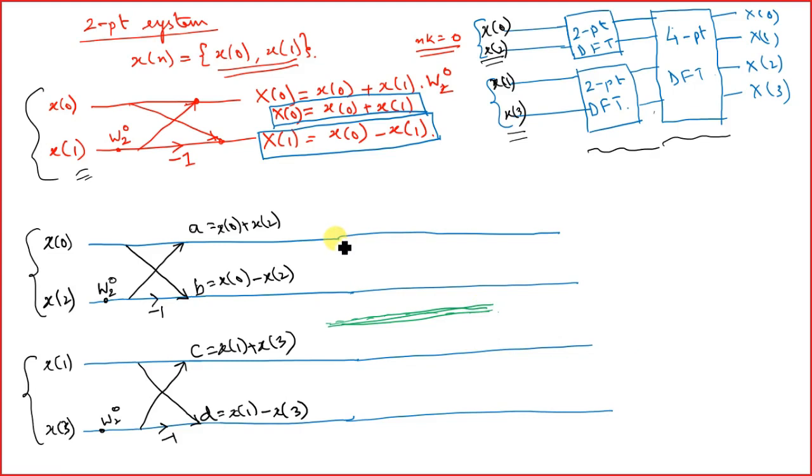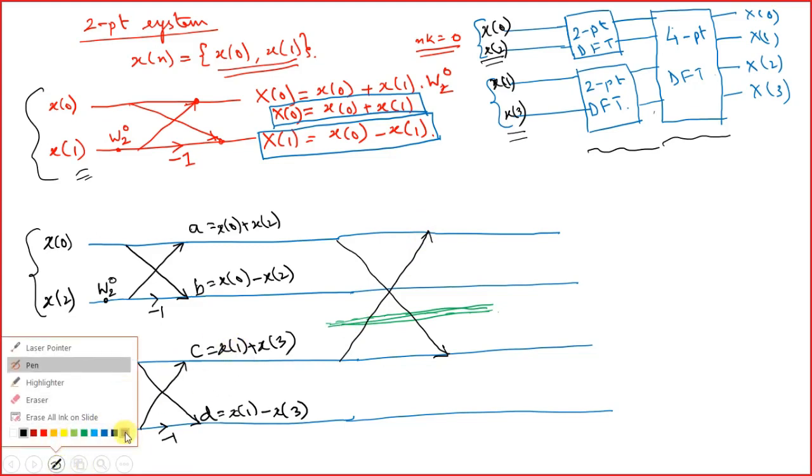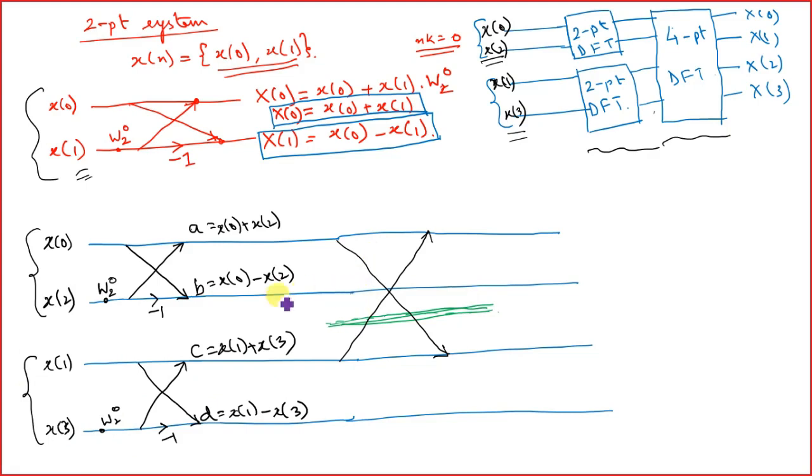That means from A I will draw a line to C, and from C I will draw the line to A. Similarly from B, I will draw a line to D, and from D I will draw a line to B.